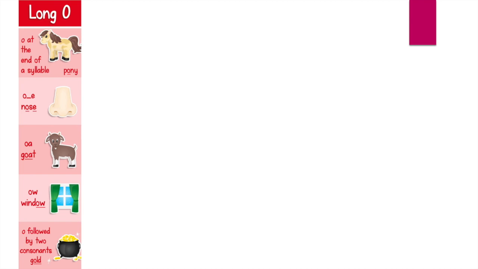We won't be using those 2 in this week's lesson, but we will be looking at the OA as in goat, and the OW as in window, and the OLD as in gold. That's when the O is followed by 2 consonants.